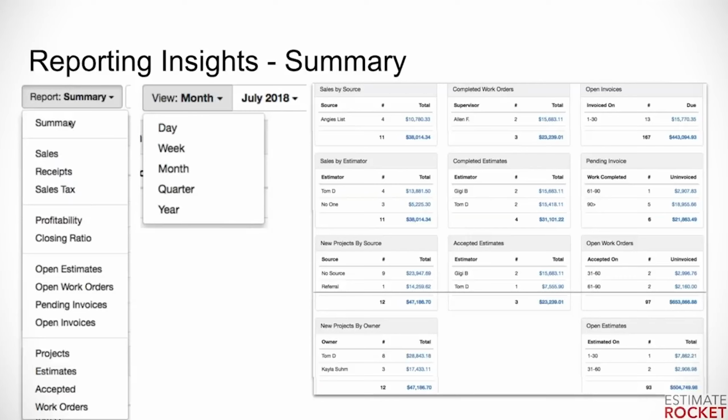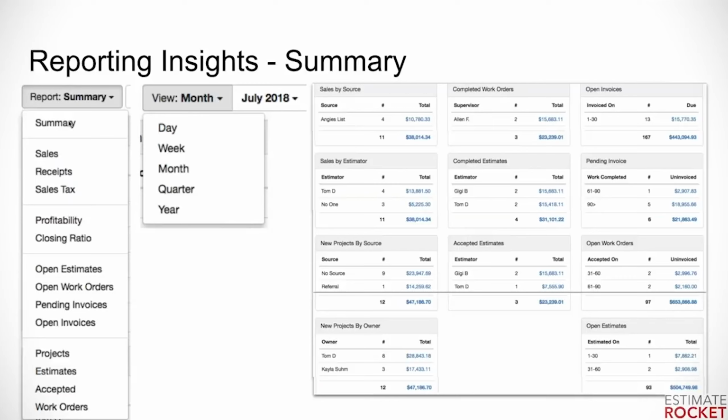So you see sales by lead source, sales by estimator, new projects by source. Another thing to mention, especially for reporting and searching, when we were talking about putting hashtags in your projects: make sure you're using the lead source field. Even if you don't have a lot of different lead sources, that is an invaluable tool.